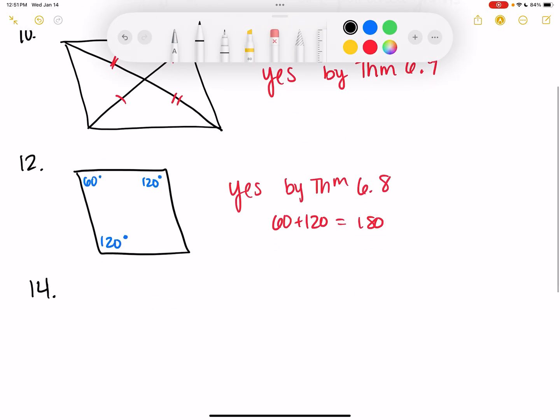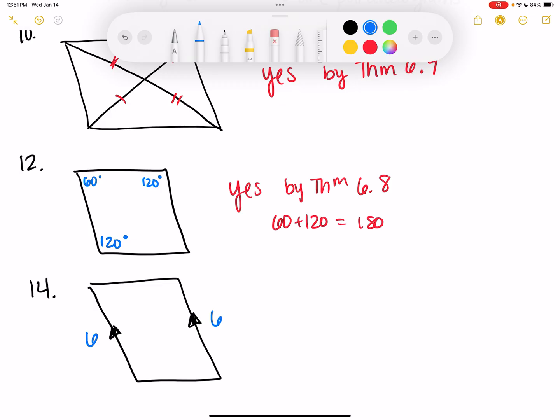14. So on this one, they put the symbols on here showing me that the 2 sides are parallel to each other. And they also tell me that they are both equal to 6.